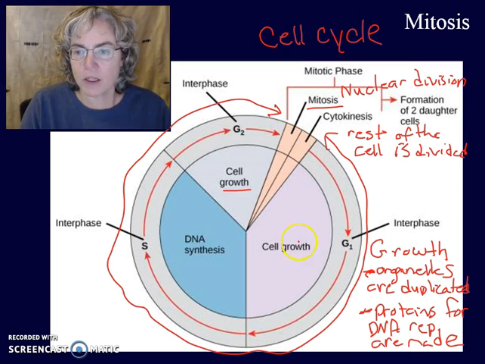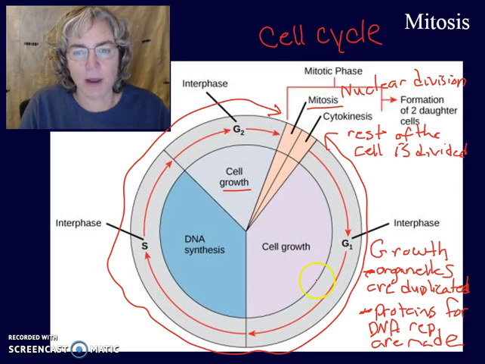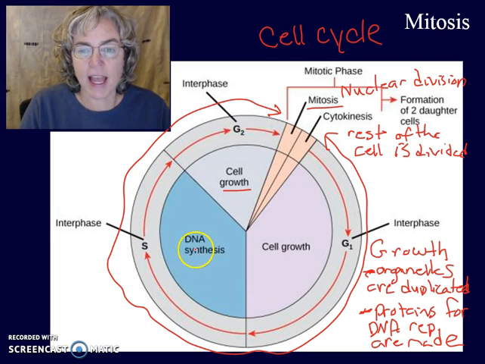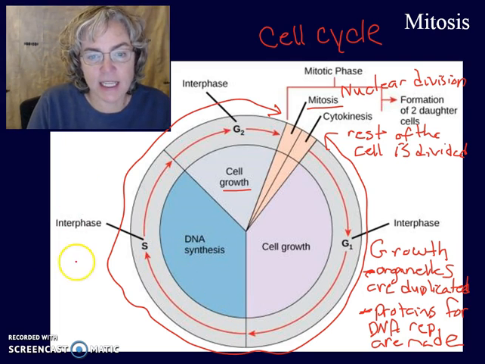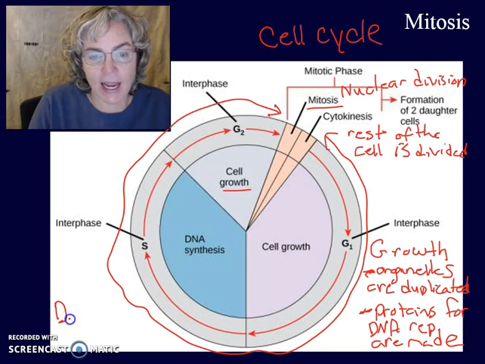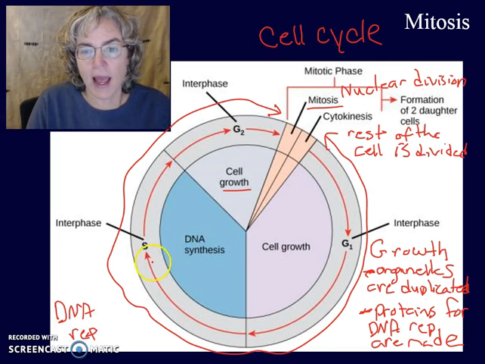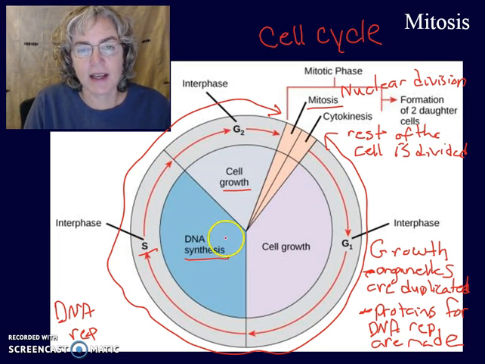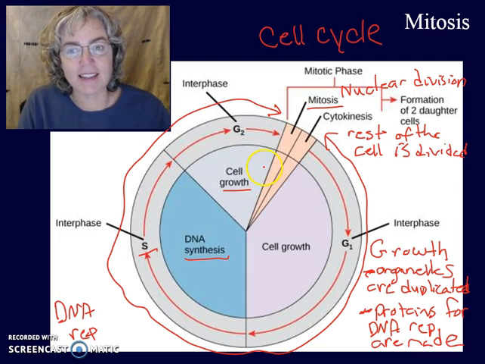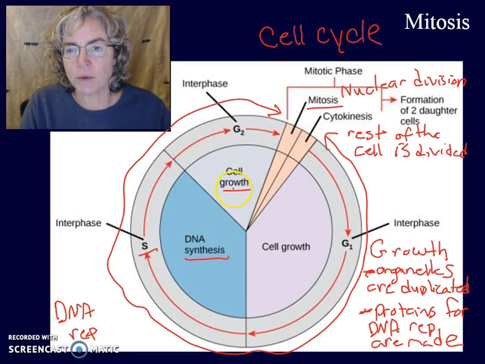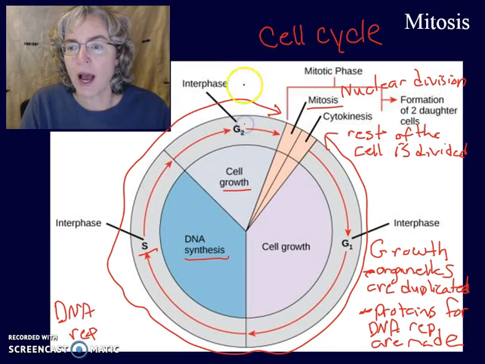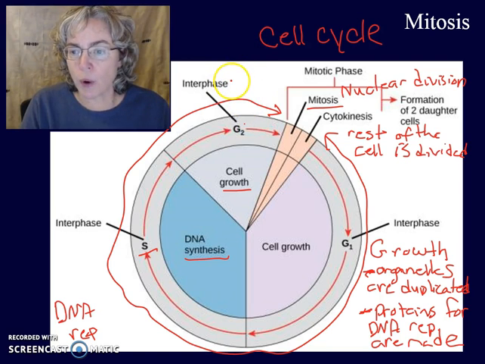So after the proteins, like the enzymes, are made for DNA replication, then in S phase, this is when DNA is replicated. And you can think of S phase as being synthesis. DNA is being synthesized. And then in G2, again, we've got growth.